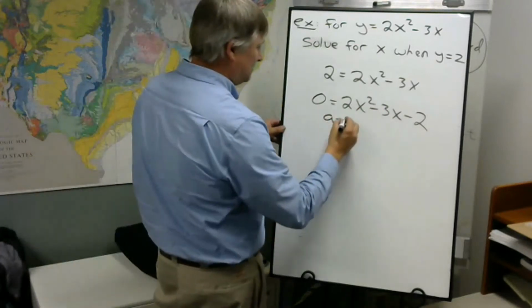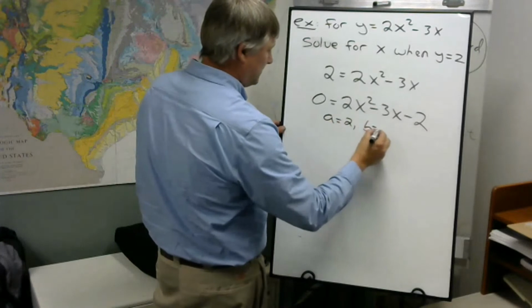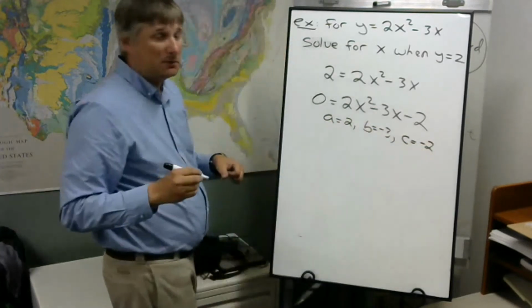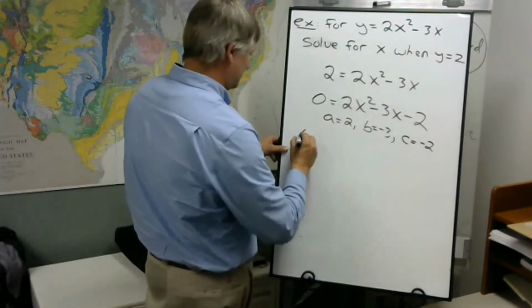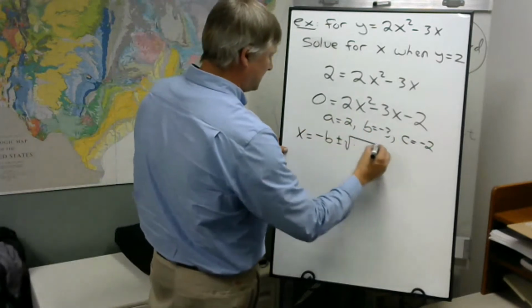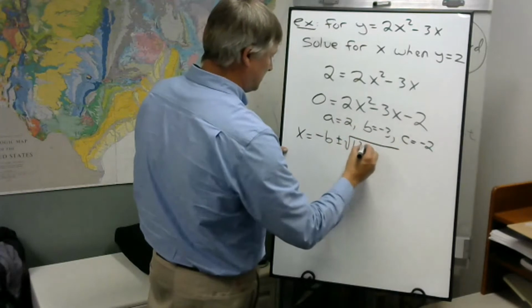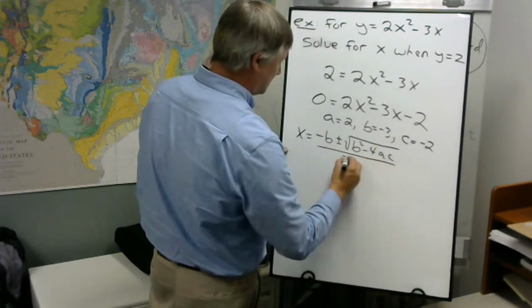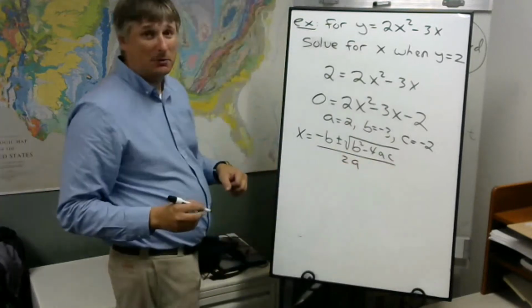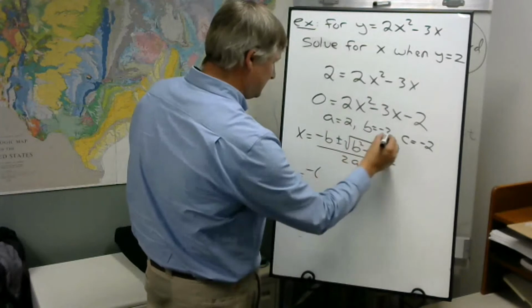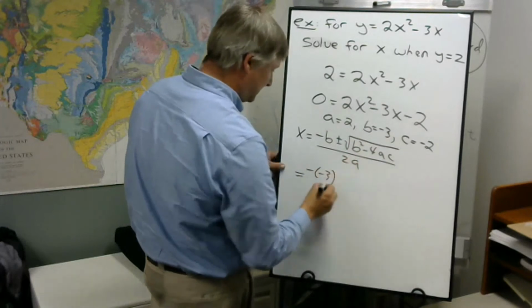So A is 2, B is minus 3, C is minus 2. So x is negative b plus or minus the square root b squared minus 4ac divided by 2a. Or negative 3.